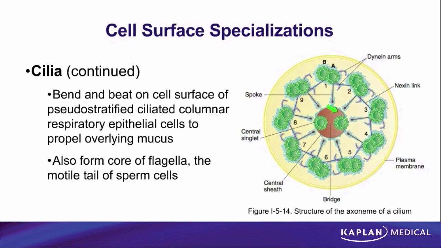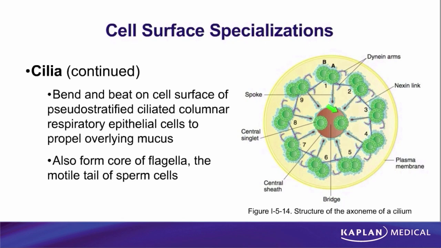So, for example, in the airway. In the trachea and the bronchi, we're going to be secreting mucus into that lumen in order to coat the surface, because we want that mucus to trap foreign material that's coming into the airway in order to prevent or reduce the amount of that foreign material that gets all the way down to the alveoli in the lungs.